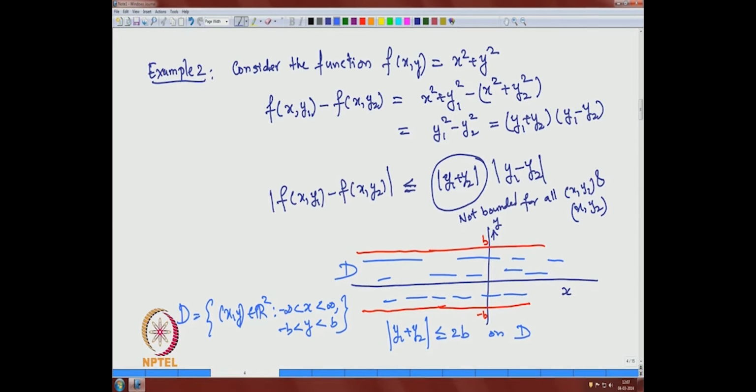So therefore we conclude that the function given by f(x, y) equal to x square plus y square is Lipschitz continuous with respect to y, with the Lipschitz constant alpha equal to 2b.